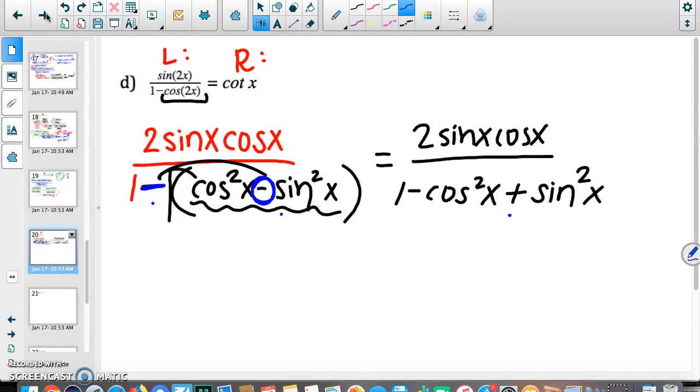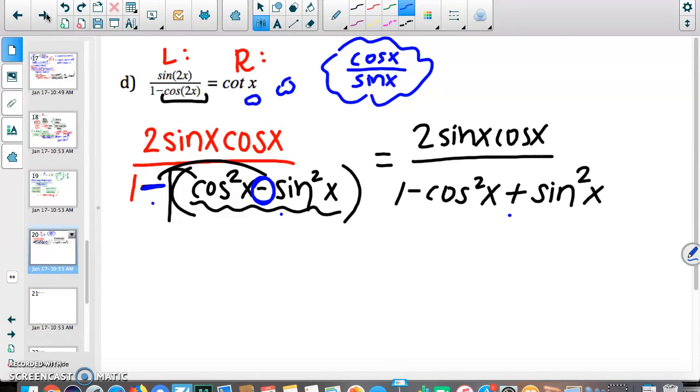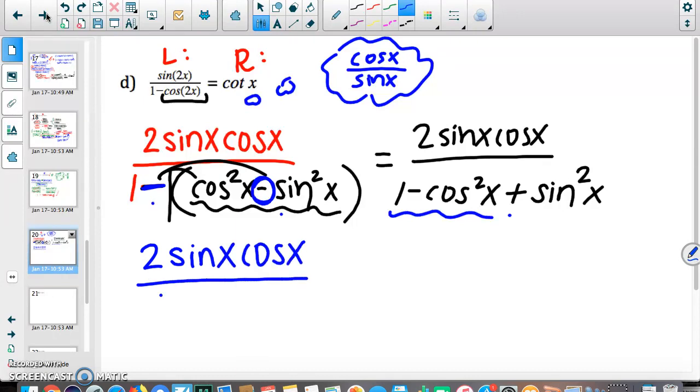All right, so my little thought bubble here is that cotangent is cosine over sine, right? Okay, so do I want any cosines in my denominator? No, I want to hopefully kick that out of there. So let's rewrite 1 minus cosine squared as sine squared.